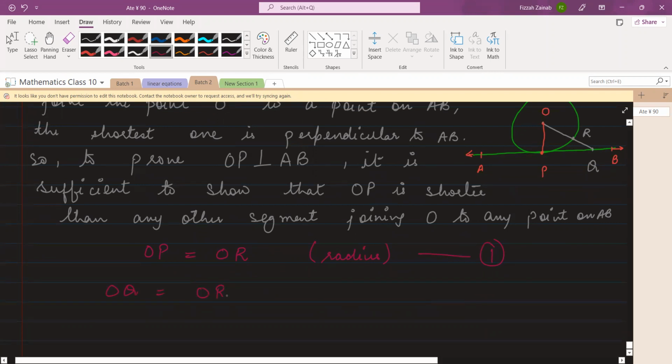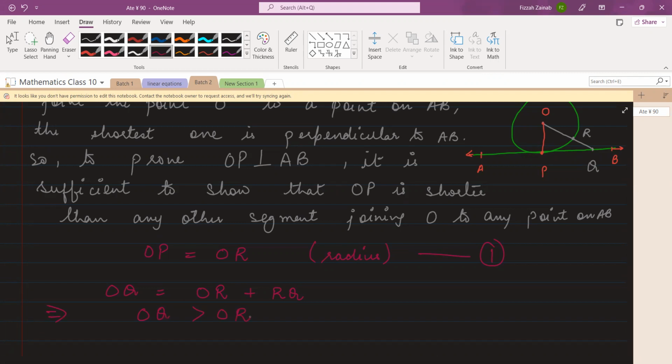I can write it as OR plus RQ, isn't it? Right? OQ can be written as OR plus RQ. So what is the meaning of it? This implies that your line OQ is greater than OR, right? I mean, you have to add something to OR, then it is becoming OQ. So that means it is greater than OR.